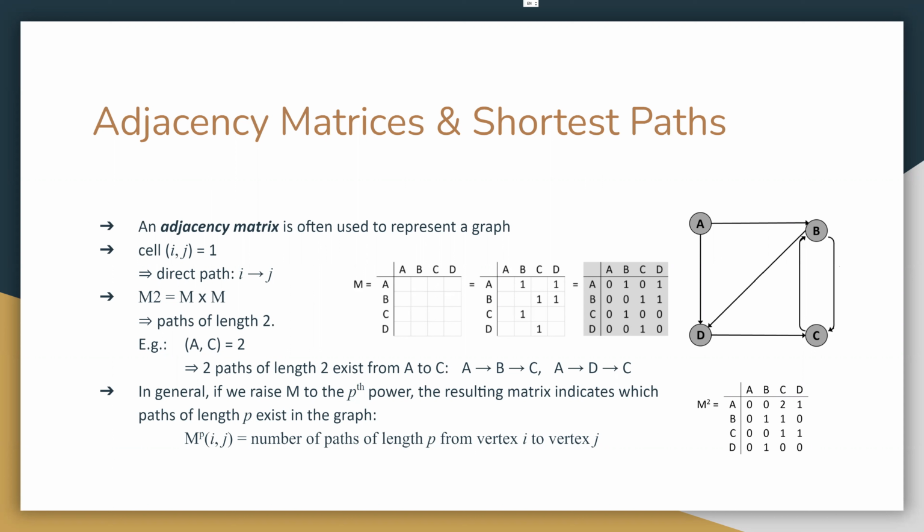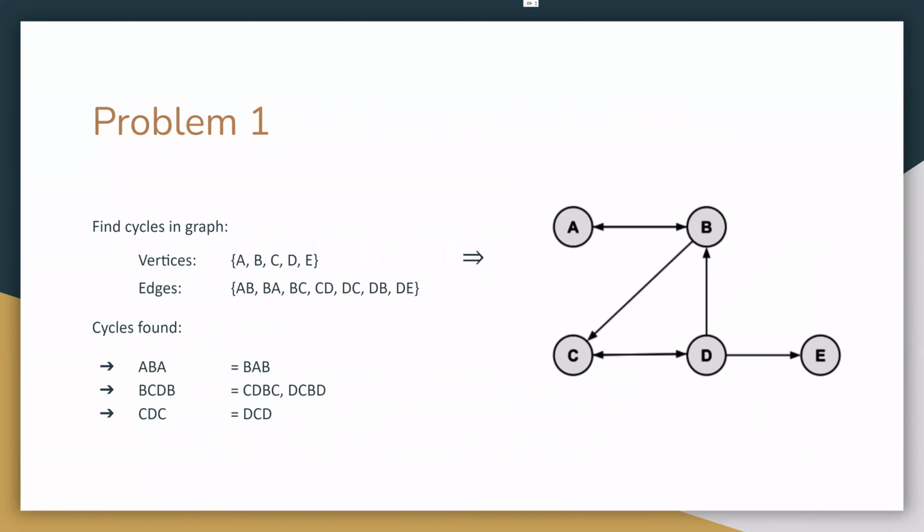If you want to find out if there's a path of length 3 from A to some other node, you can do a multiplication again: M to the power of 2 times M, and you get a matrix of this size, with numbers that tell you whether you have paths of that length.